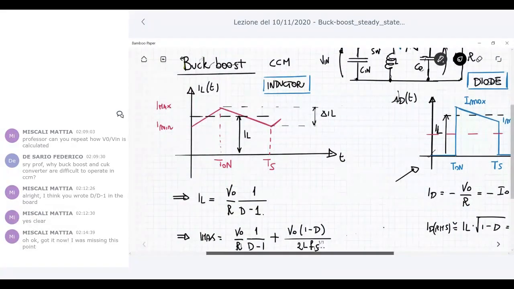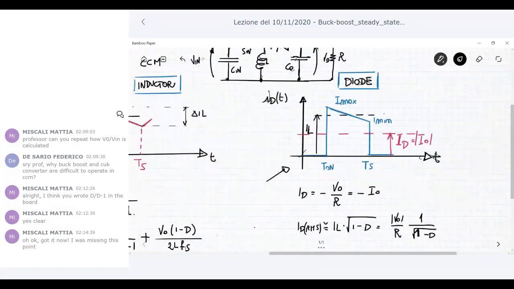This is the ID current. Now the ID current is just a pulsed current, which is the same as the inductor current during the off time. It has the same peak current as the inductor current, Imax, and the same Imin.